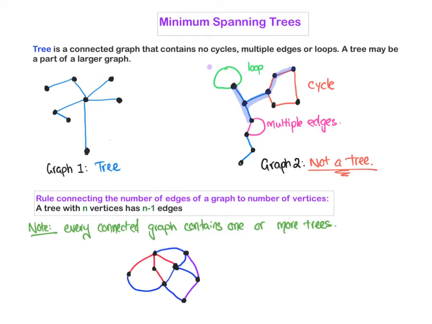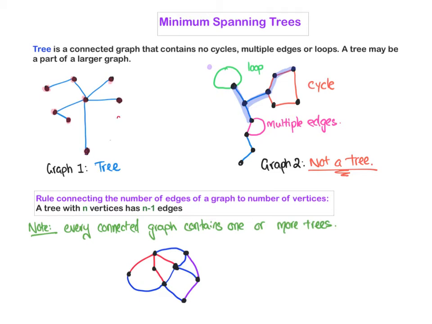The rule connecting the number of edges of a graph to the number of vertices: a tree with n vertices must have one less number of edges. So if we have a look up here on our example, let's count the vertices. We've got 1, 2, 3, 4, 5, 6, 7, 8.